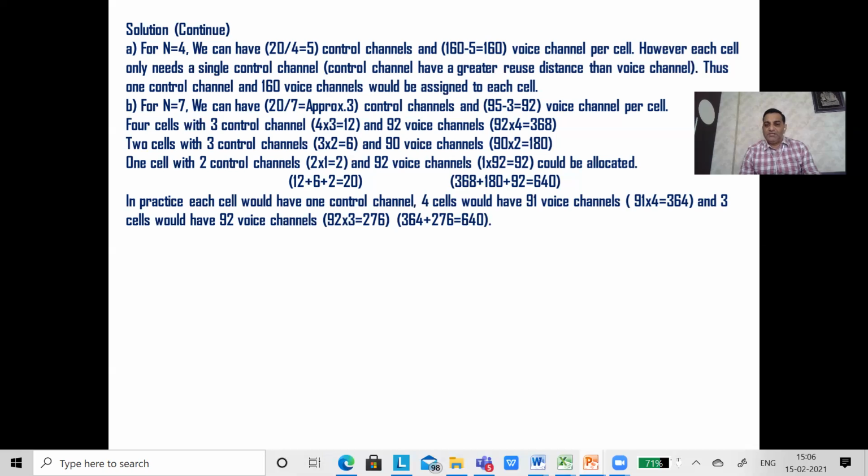So this is another division of voice channels, if we are considering 4 cells and 3 cells. In the earlier case, we considered 4 plus 2 plus 1, while in this case, in practice, we have considered 4 plus 3, that is equal to 7.